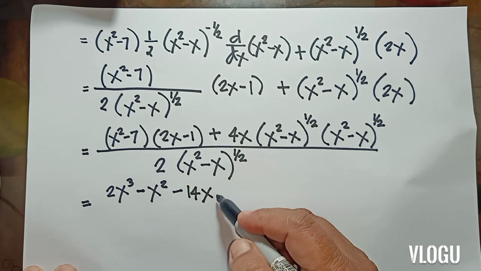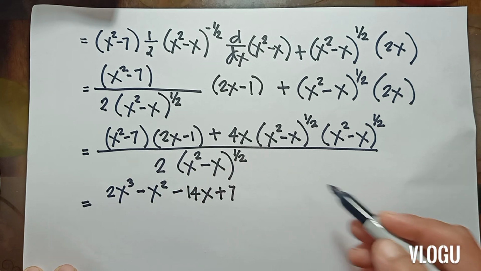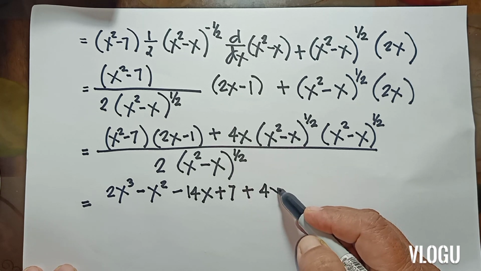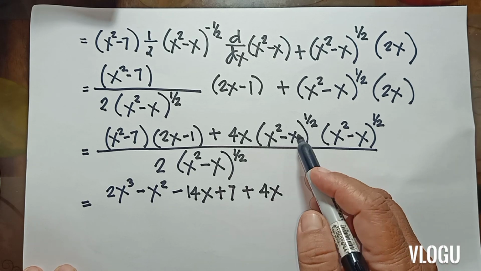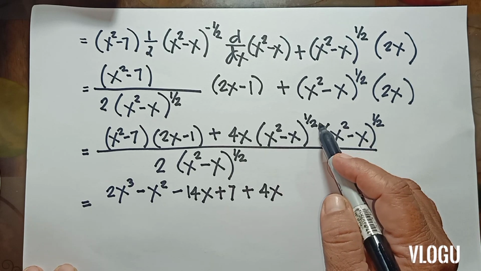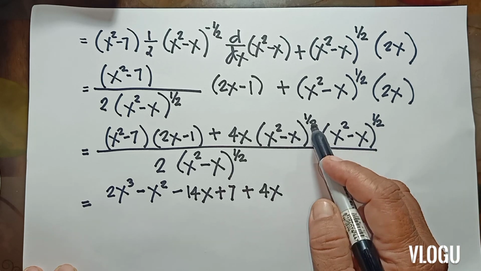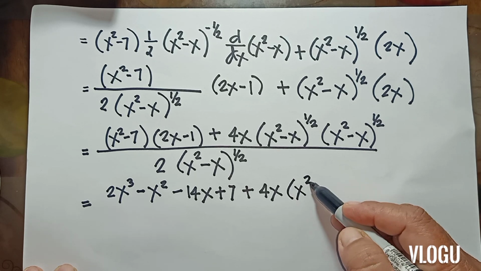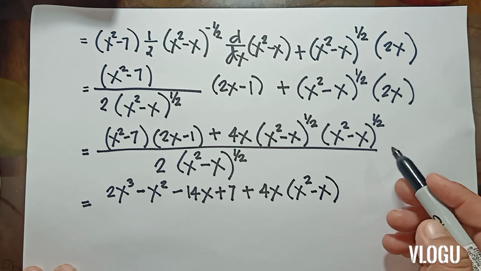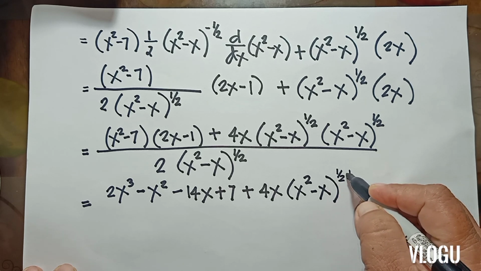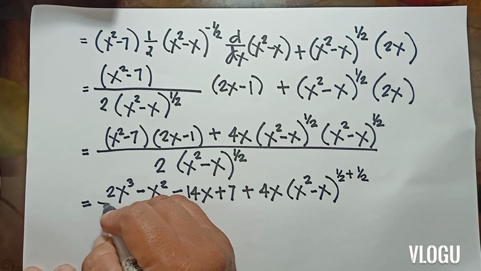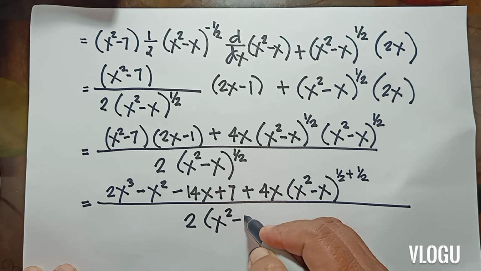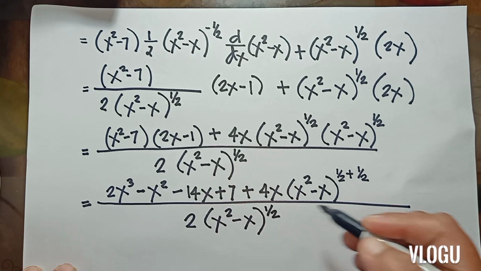Negative 7 times negative 1, that is plus 7. Okay. Plus, okay, 4x. This one, the same basis. Then we have exponent. So we are going to add the exponents. So that's the reason you will have x squared minus x. We have 1/2 plus 1/2. So we will have 2x squared minus x raised to 1/2.